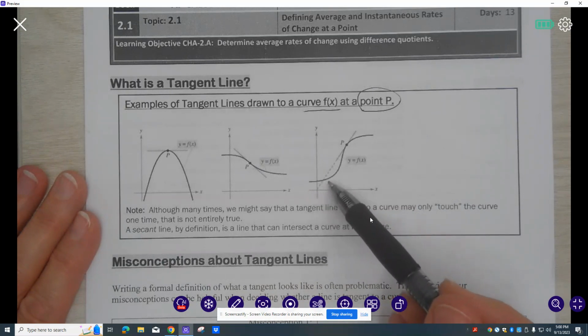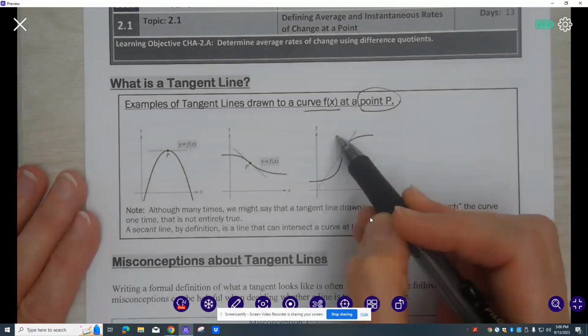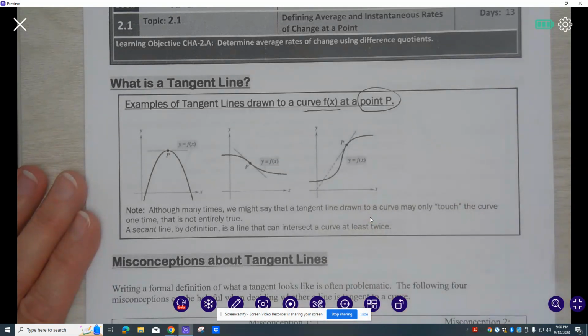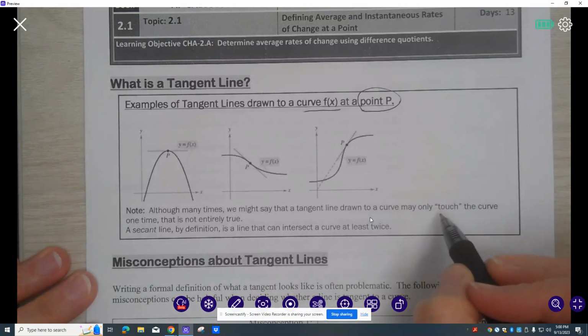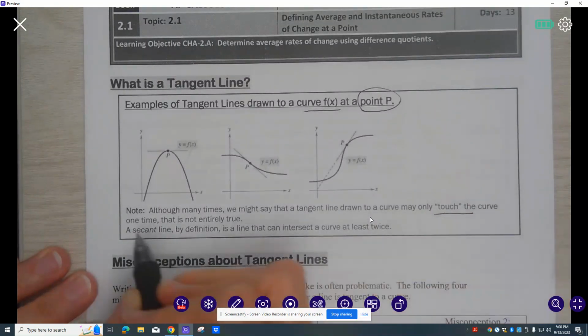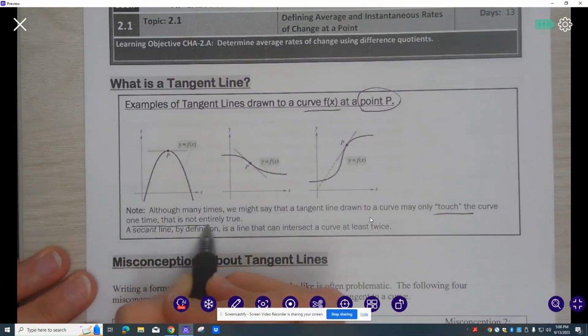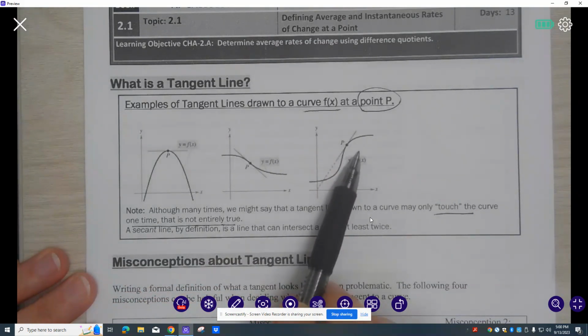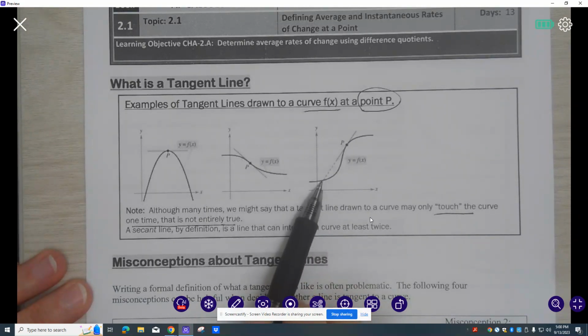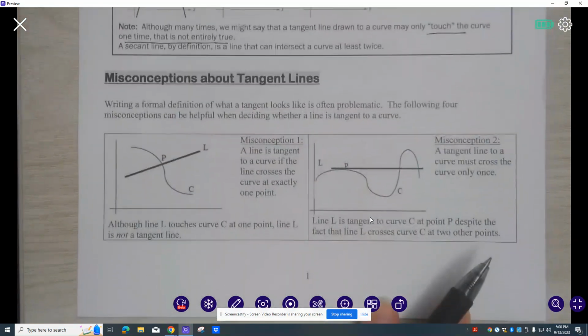Over here, if you continue this line, it's intersecting the function, but we're just interested in what is happening at point P. So it says, drawn to the curve may only touch the curve one time is not entirely true, because you can see right here it touches down there, but for the point we're interested in, this doesn't affect it.